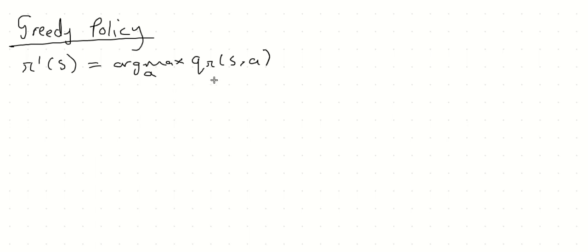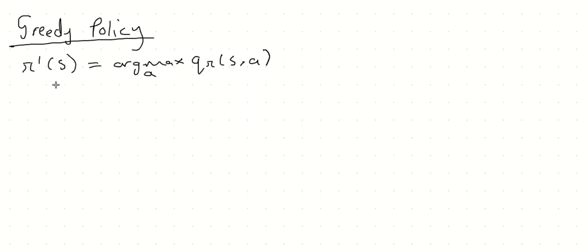So under this policy, if someone gives us a policy, for instance policy pi to begin with, and we evaluate it, then after evaluating it, let's take some state, or even every state, we can actually apply this. Let's take the argmax over all actions of q pi of s comma a. And if this is greater than the value of that state under policy pi, that means that this new policy pi prime is better in that sense.